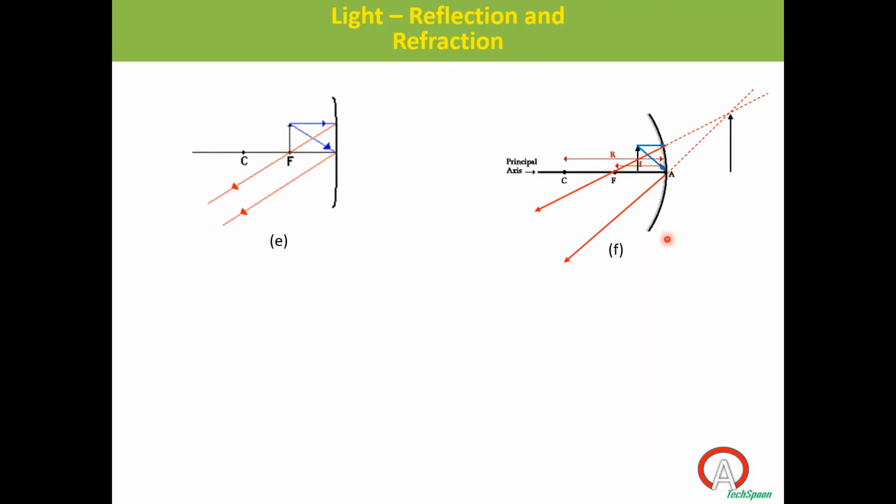Yes, sir. Okay. So what are the things you found? You studied how to find the position of the image formed by a concave mirror. Second, you learned whether you are getting an erect image or an inverted image.